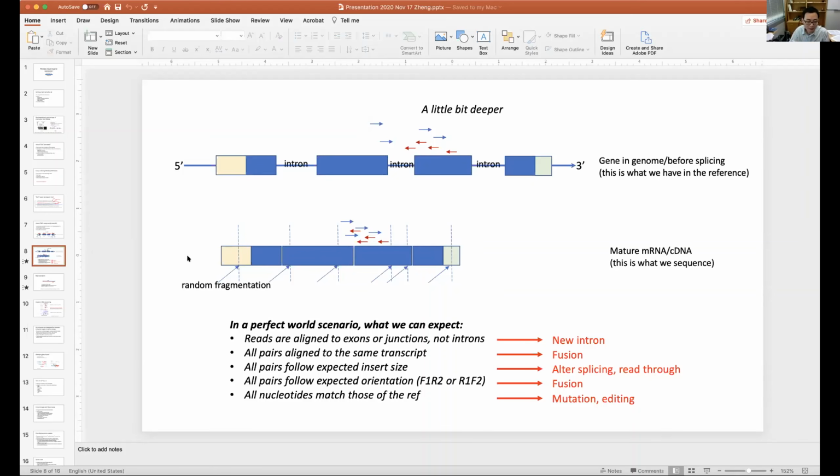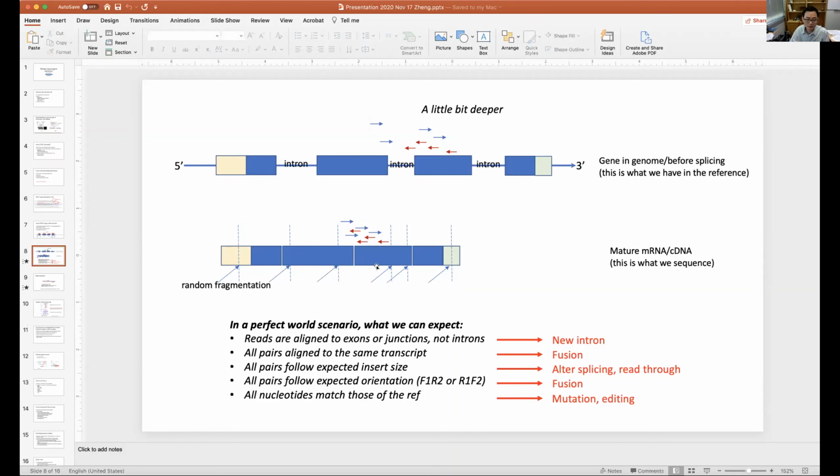Now, when you have the cDNA, the typical RNA sequencing protocol has a step that fragments the cDNA molecules into random pieces. So these fragments are the input material for your sequencing, and the reads are derived from such fragments.